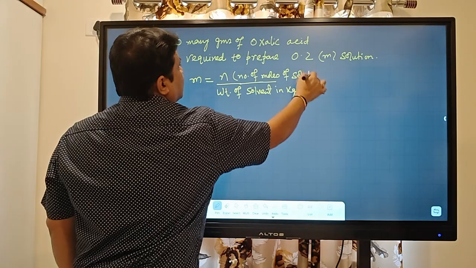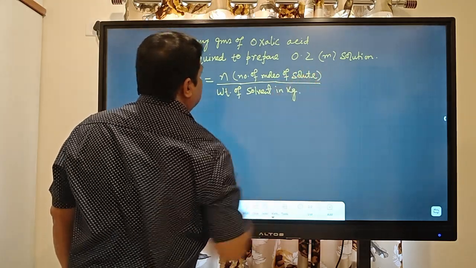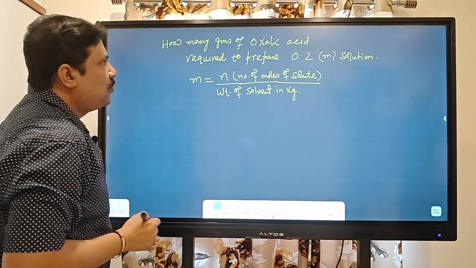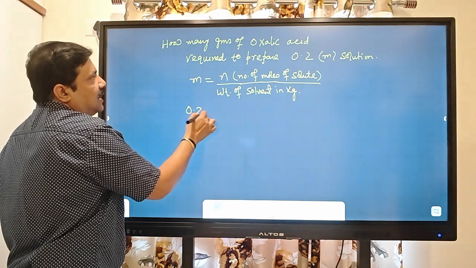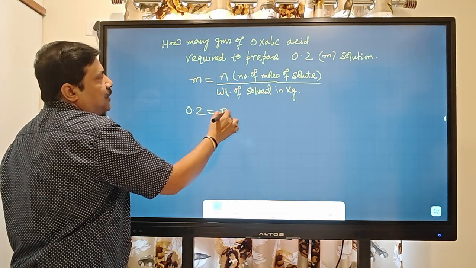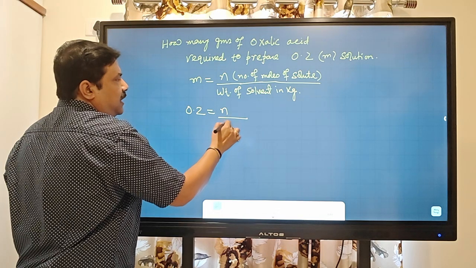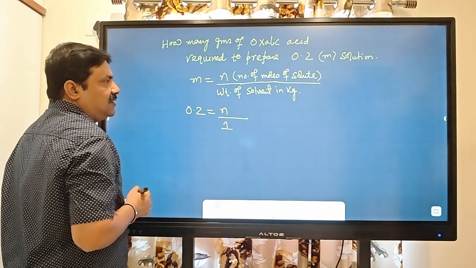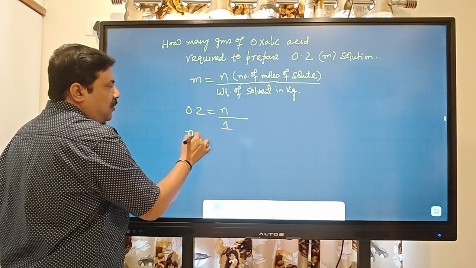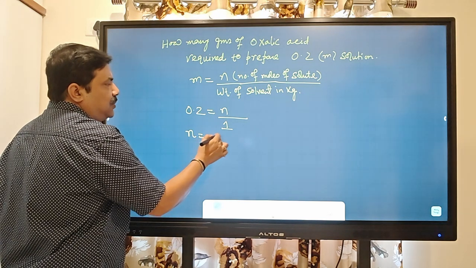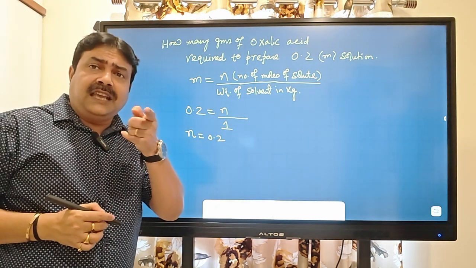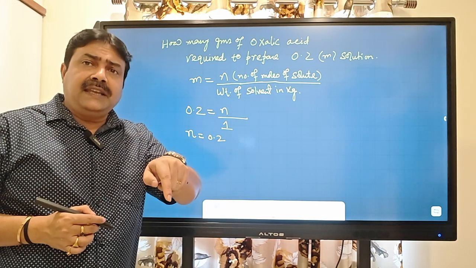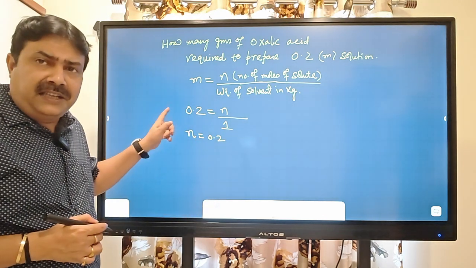Now you look at, the molality value is provided: 0.2. The number of moles of solute I need to find out. The weight of solvent I am putting as 1 kg. So then we get the number of moles equal to 0.2. That is the meaning. If 0.2 mole of oxalic acid is present in 1 kg of solvent, then only the molality is 0.2.